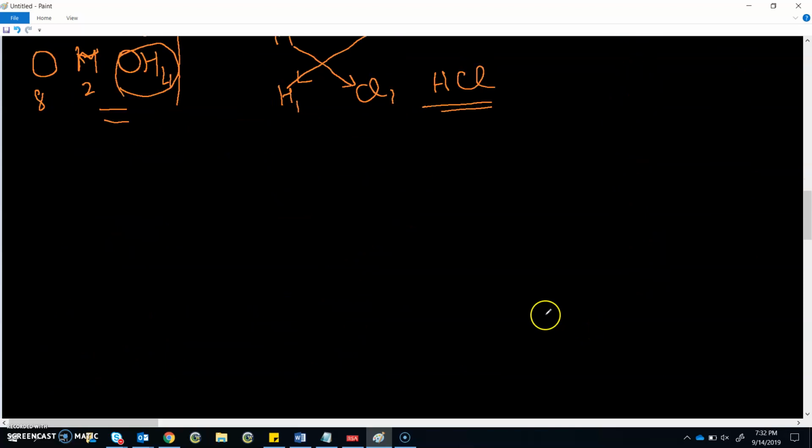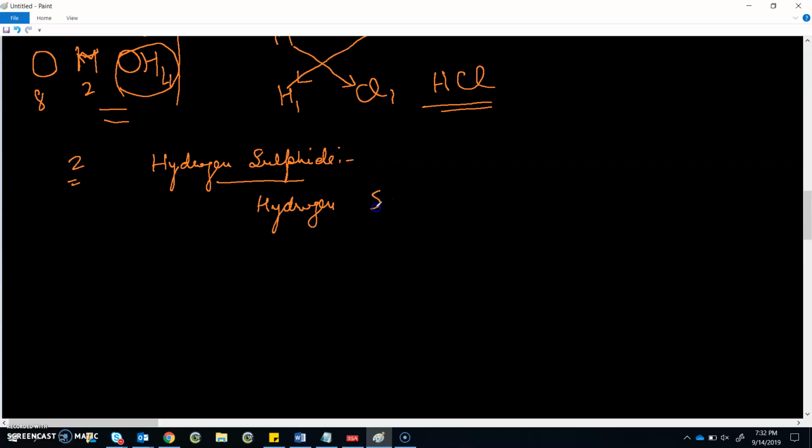Next example, example number 2. We can take the case of hydrogen sulfide. Again, hydrogen and sulfide.